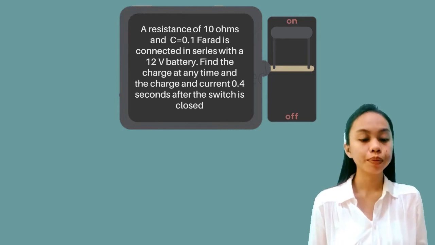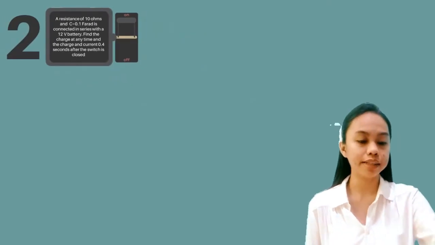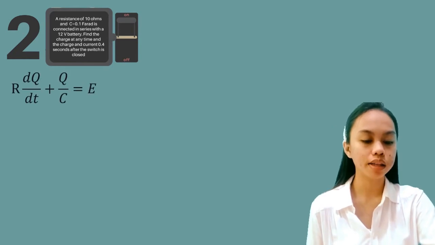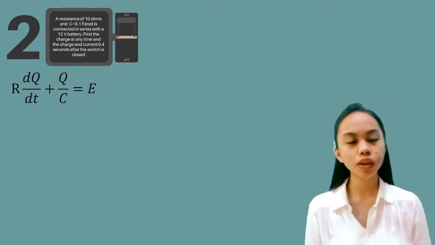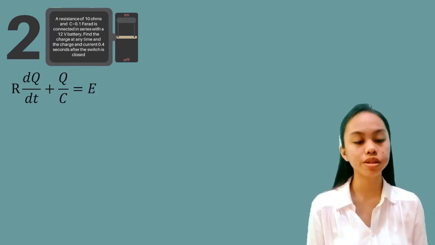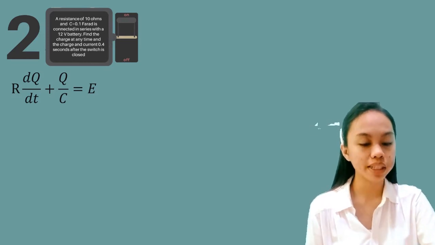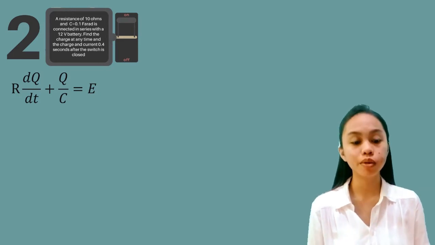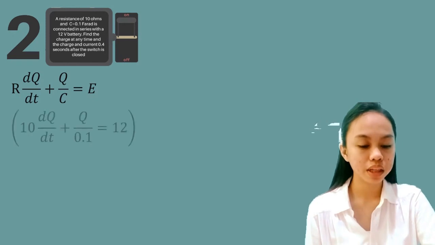is closed. So we know that the formula for RC circuits is R times dq over dt plus q over C equals E. What we are going to do is substitute the values in our problem into our formula. We have a resistance of 10 ohms, so we substitute 10 for R. So we have 10 dq over dt plus q.